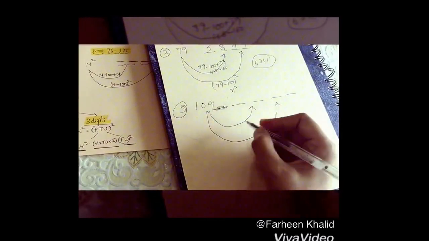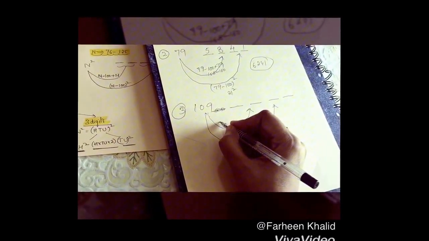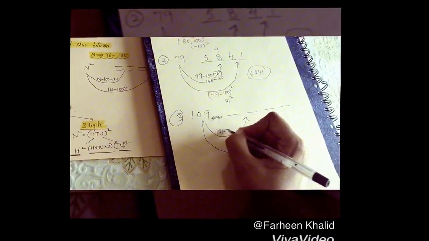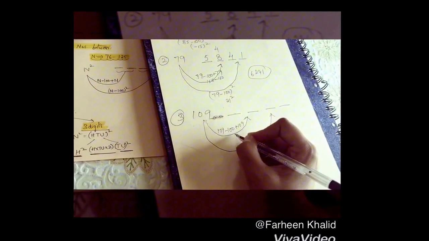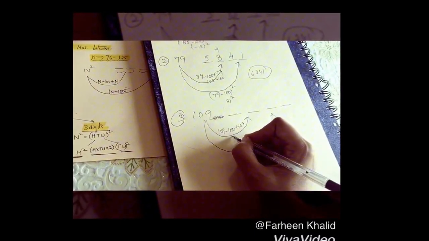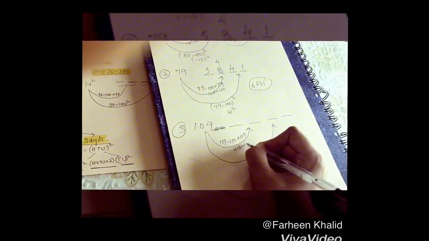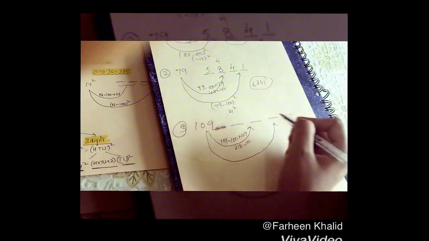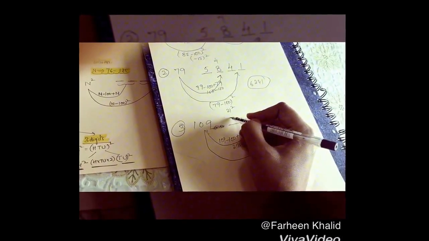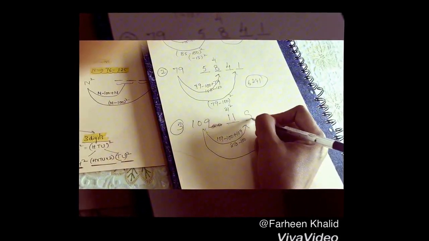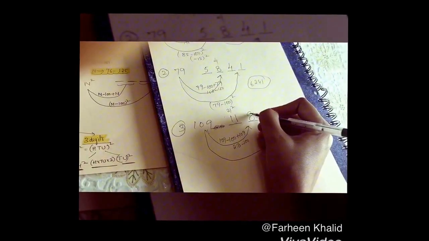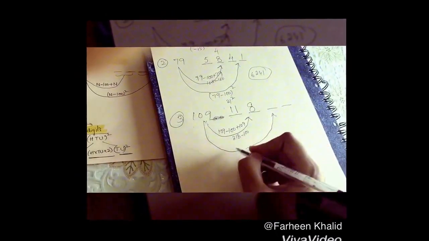Okay, so in the first part we do 109 minus 100 plus 109. So 109 plus 109 is 218 minus 100, which is supposed to be 118. Okay, so we put the first two digits in the first place itself, and we do this. All right, and now we have to do the second part.